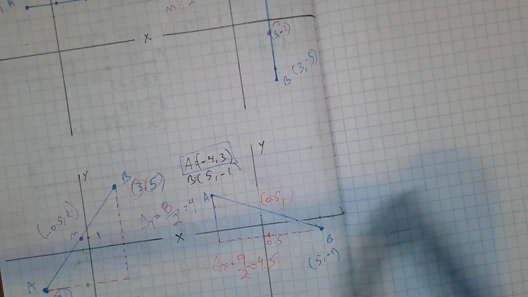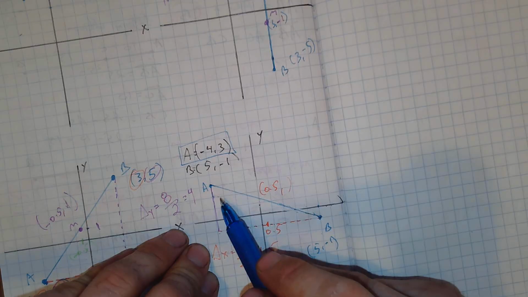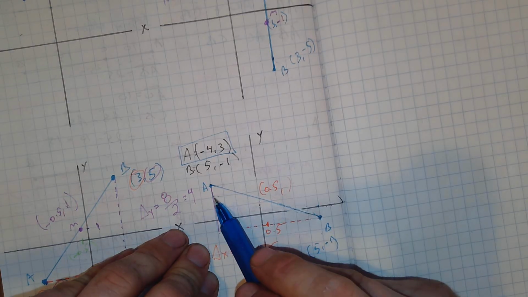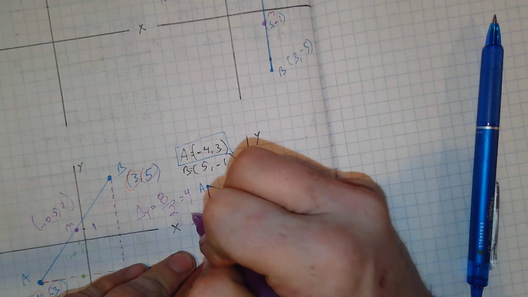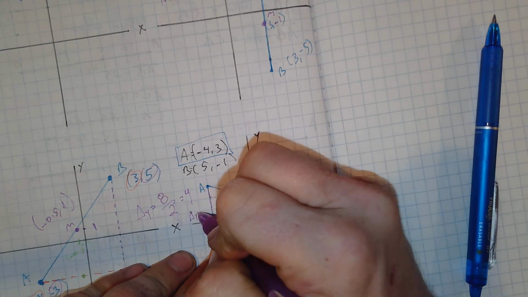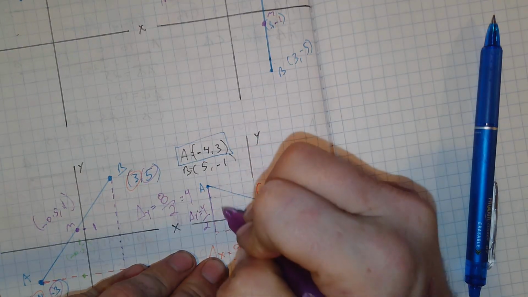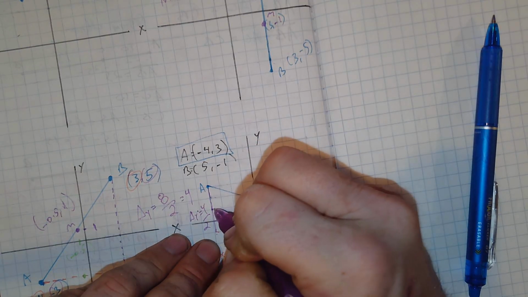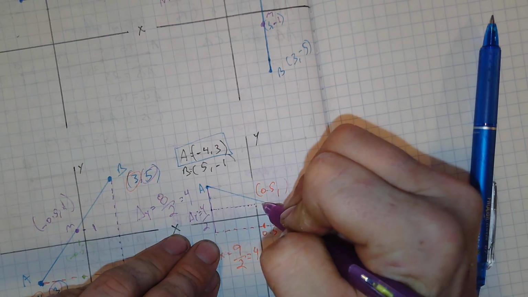Now, the difference between -1 and 3 is 4. So the change in y equals, again, 4. Divide that by 2, it's going to be equal to 2.